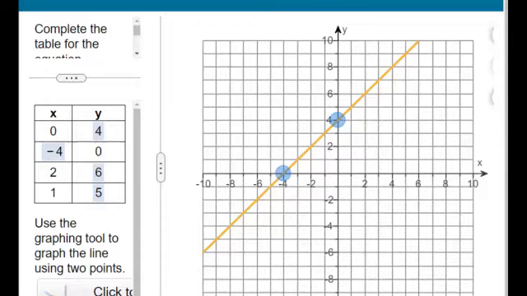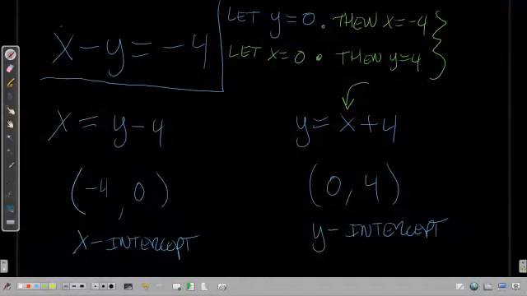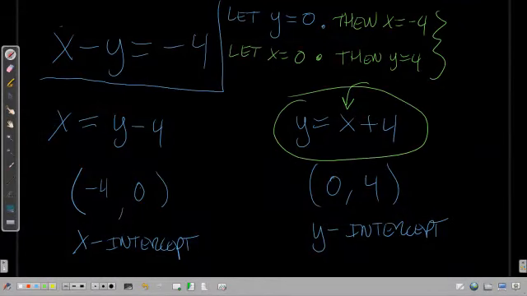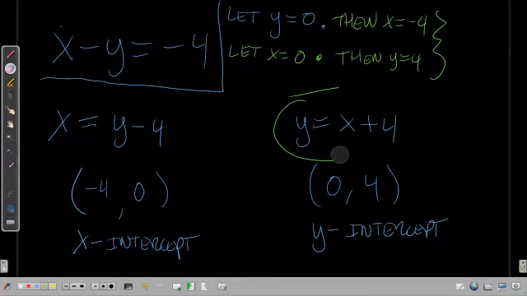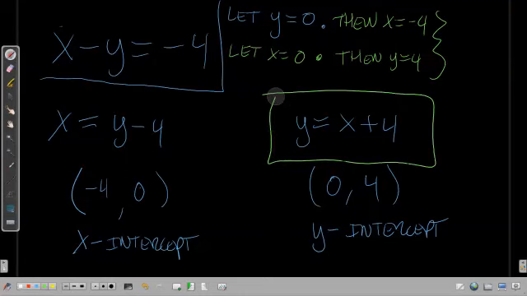That's our line. Look back at our equation here, the way we had it written in this format, the slope-intercept form, tells you that this line is going to cross the y-axis at 4 and have a slope of 1.